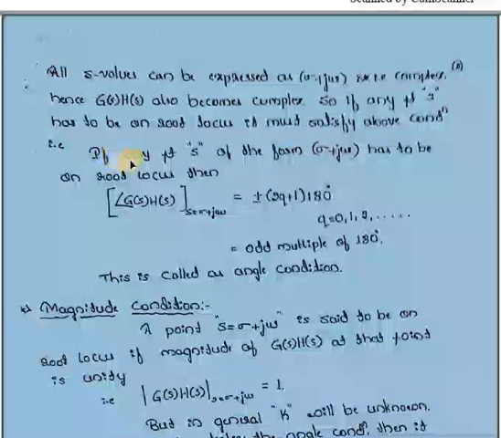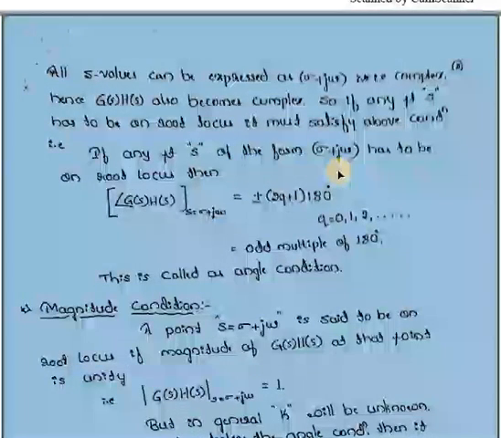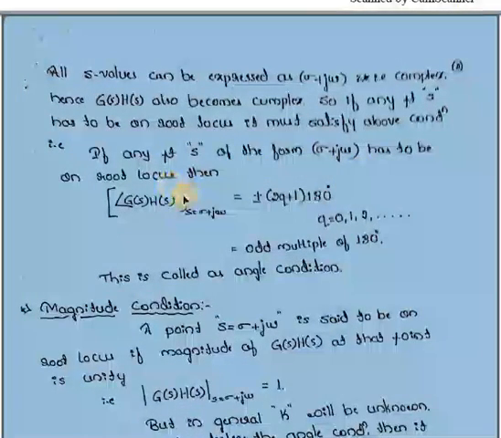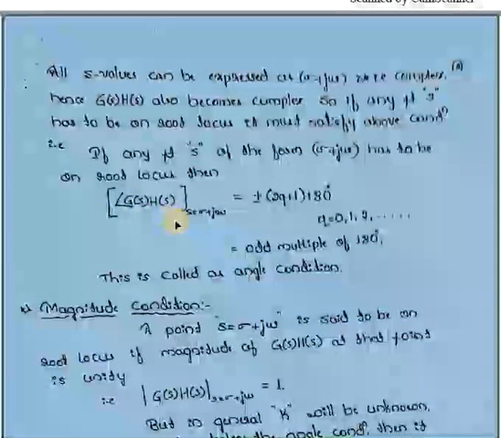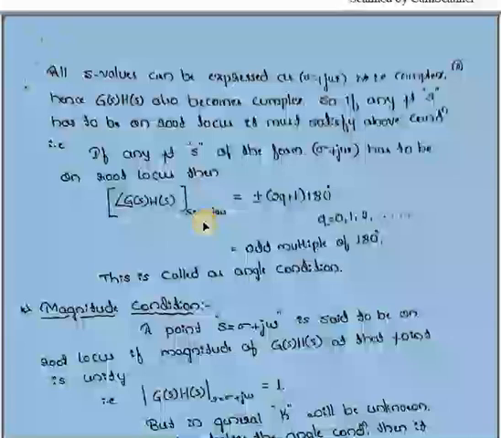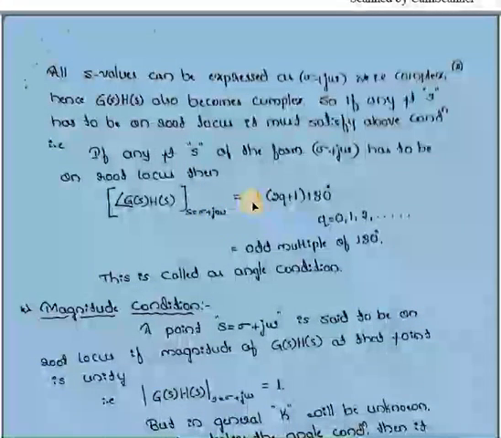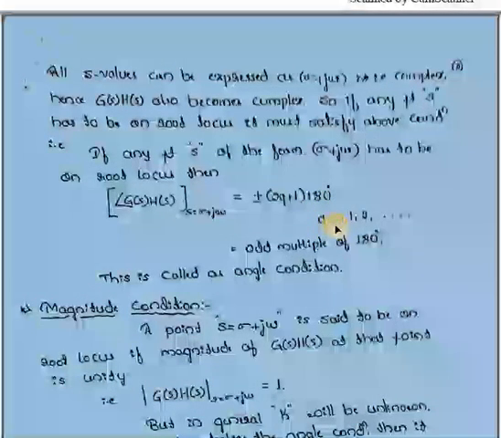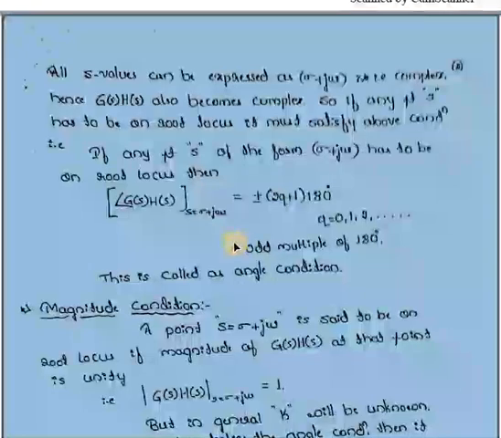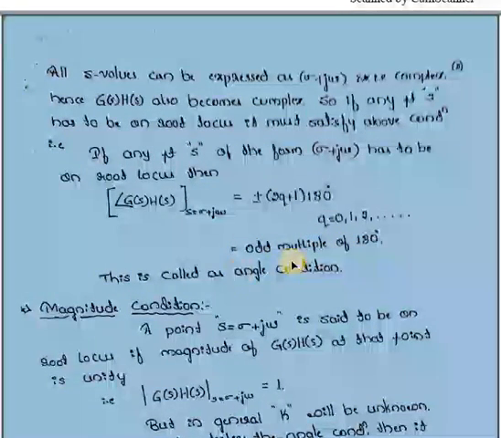If any point s of the form sigma plus j omega has to be on a root locus, then it should satisfy the angle of G(s)H(s), where s is the complex term sigma plus j omega, being equal to plus or minus (2q plus 1) into 180 degrees, where q starts from 0, 1, 2, and so on. That is an odd multiple of 180 degrees. So this is called the angle condition.